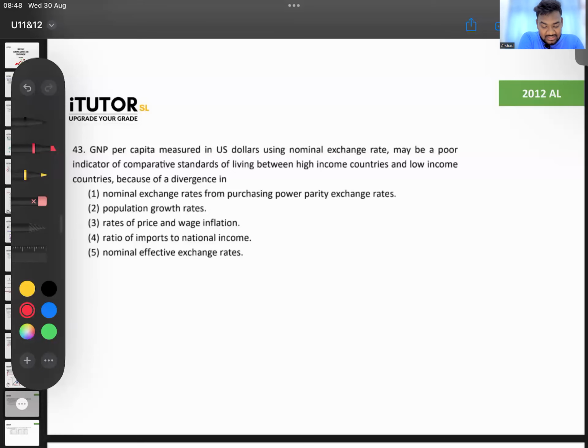The options: nominal exchange rates and purchasing power parity exchange rates, population growth rates, rates of prices and wage inflation, ratio of imports to national income, nominal effective exchange rate. So they are asking, why is the GNP per capita not a good measure to compare the living standards between two countries? What do you all think? Give me an answer: 1, 2, 3, 4, 5. Because of the differences in what, guys?